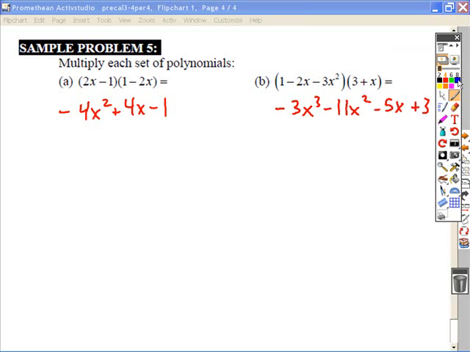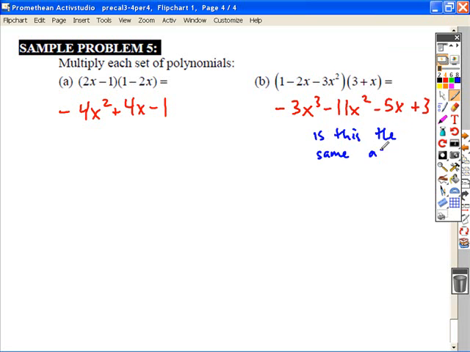All right, now, the question was asked, is this the same as if we took a negative out of every single term? Are those equivalent?